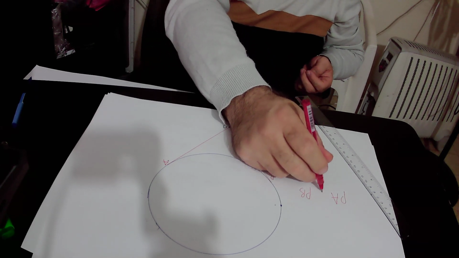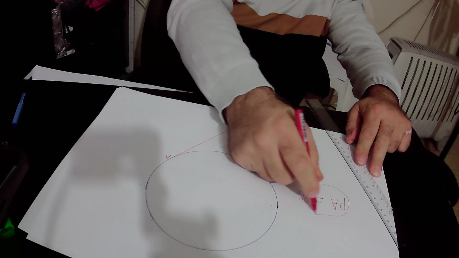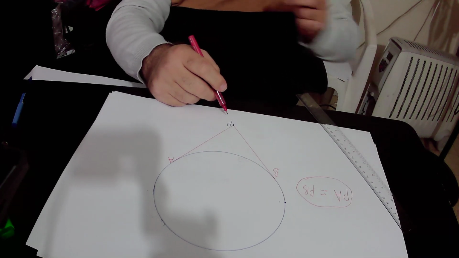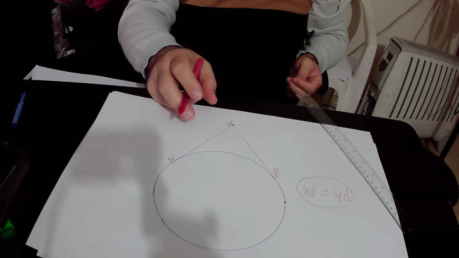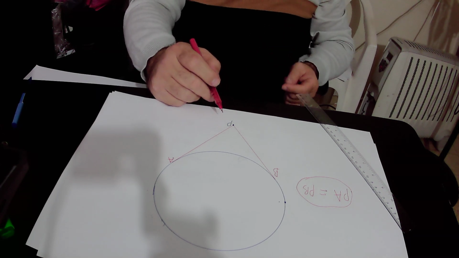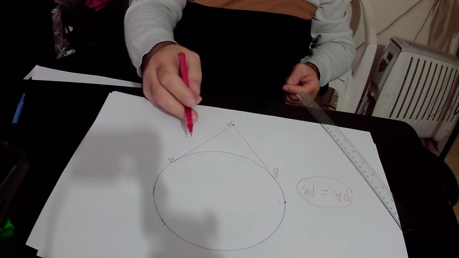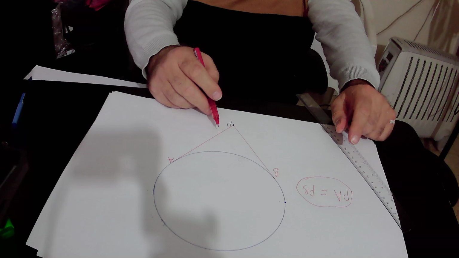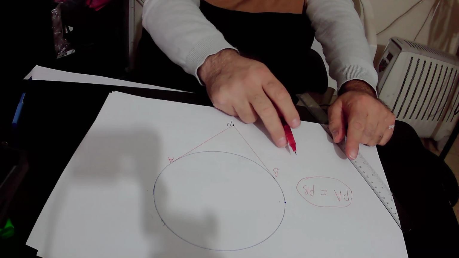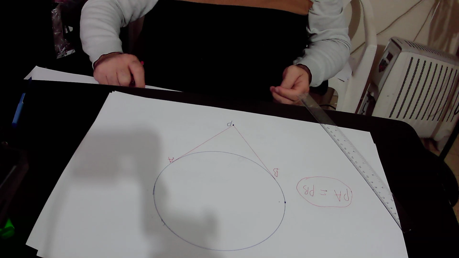That is to say, PA equals PB. That is the two tangents theorem, or rule number one.